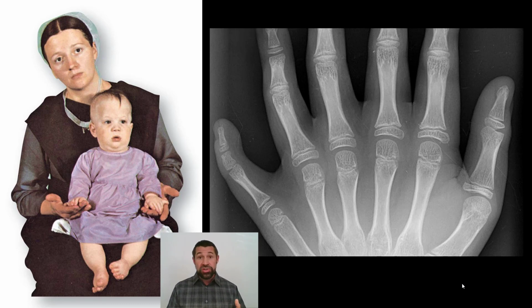All of those folks descended from about 200 founders. It's a closed population. And today, the rates of this syndrome that causes dwarfism and polydactyly are much, much higher than the Pennsylvania population at large.